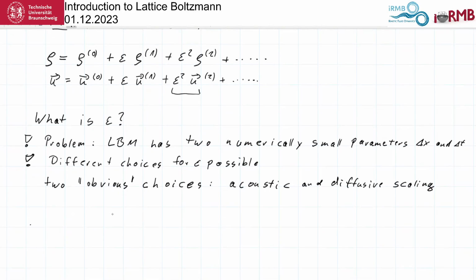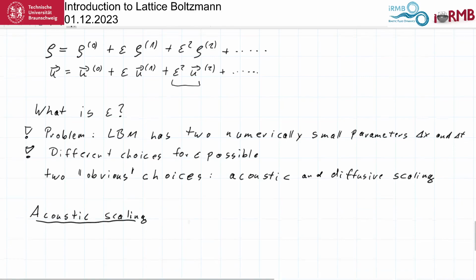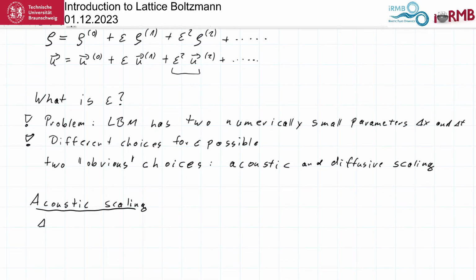Okay, so what is the acoustic scaling? The acoustic scaling is the very obvious one. We say that delta x is proportional to epsilon, right? So the smallness parameter is just proportional to the grid spacing and the time step, okay?